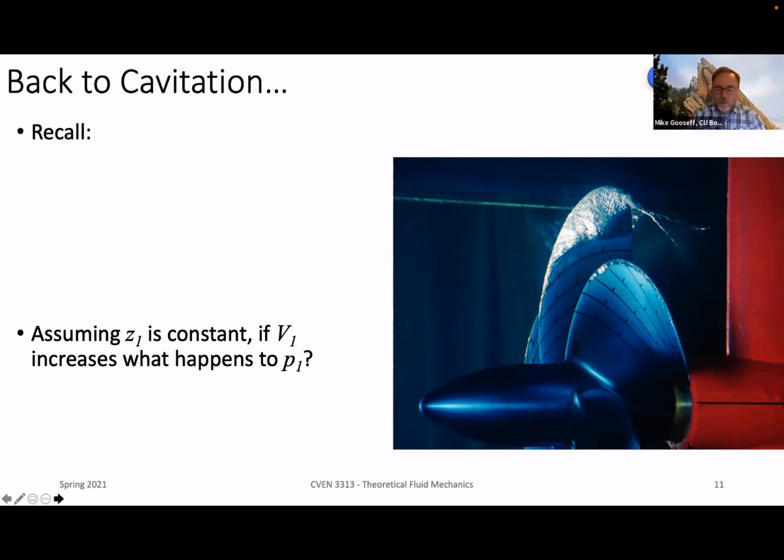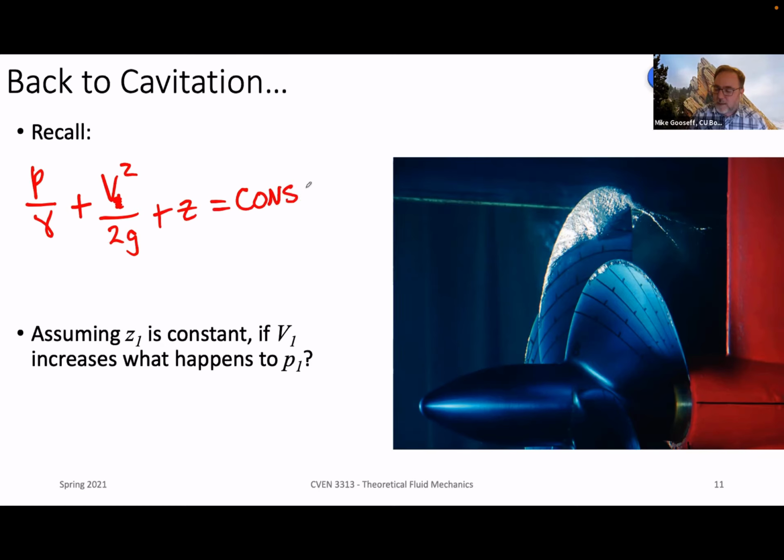So remember that, of course, we say P over gamma plus V squared over 2g plus Z is equal to some constant along a streamline. Assuming that Z is roughly constant, if V tends to increase, then what happens to P? Of course, we expect P has to decrease.